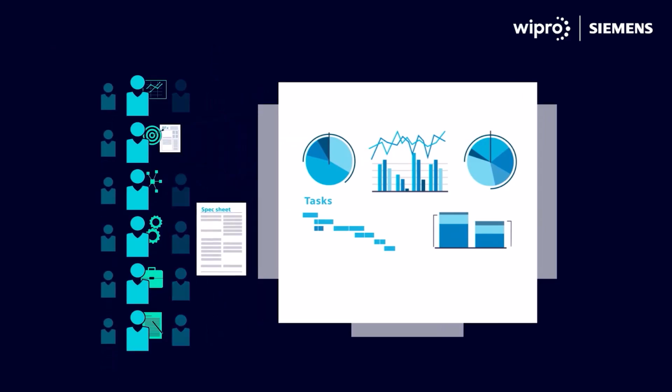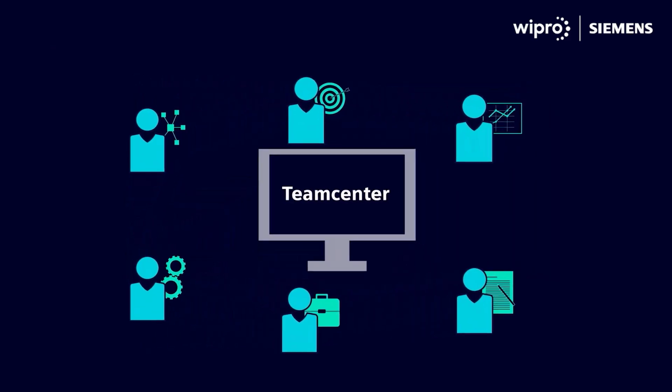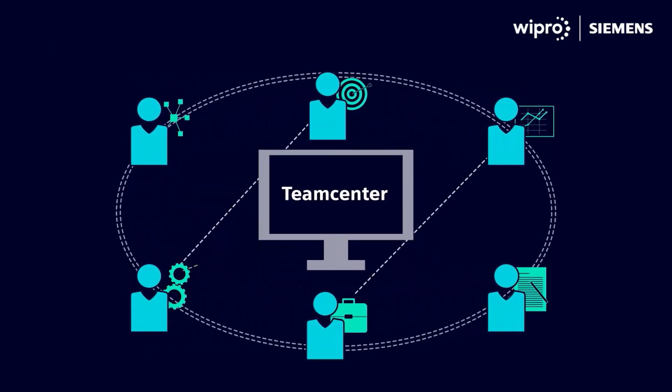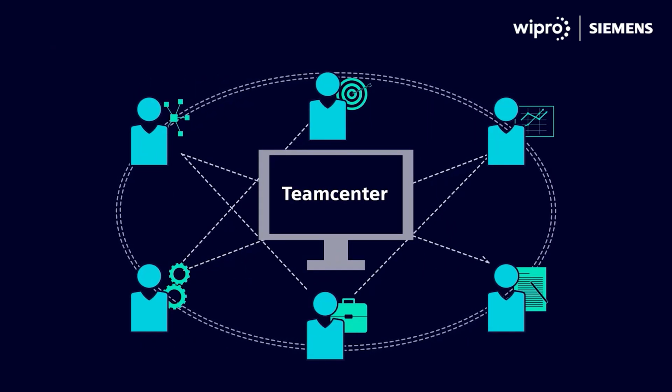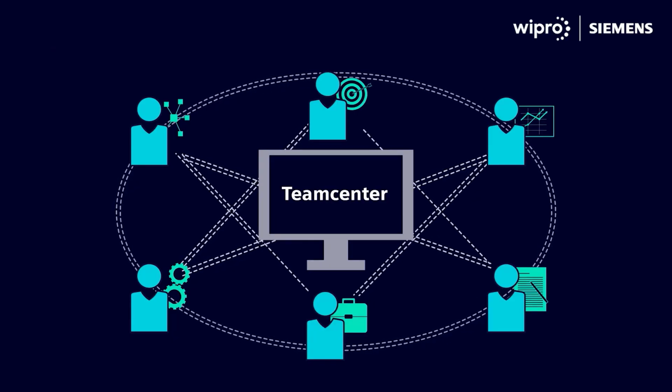But Teamcenter does more than connect people with the right product information. Teamcenter keeps everyone connected across ever-changing business processes, upstream and downstream, so you can quickly make more insightful decisions.